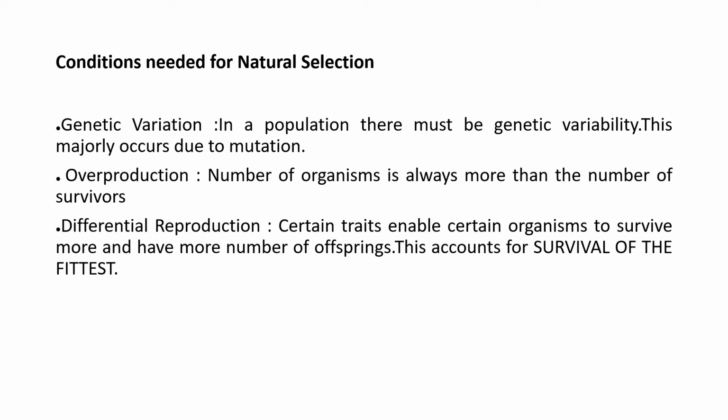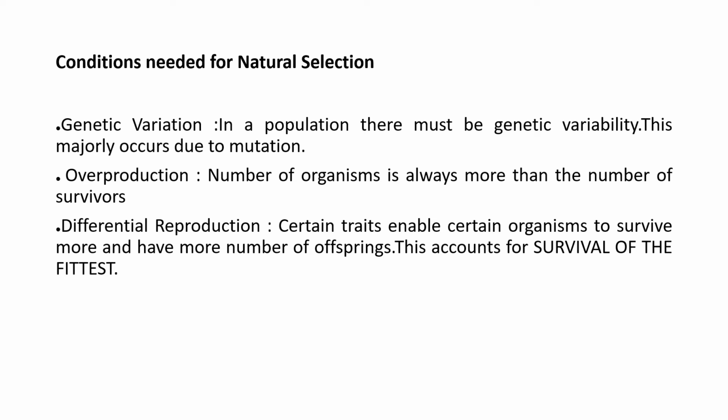Darwin's concept of natural selection was based on several key observations. So we can rather say that there are certain conditions needed for natural selection according to Darwin. The first of them is genetic variation. Now variations are the changes in the genetic constituent of one individual to another.